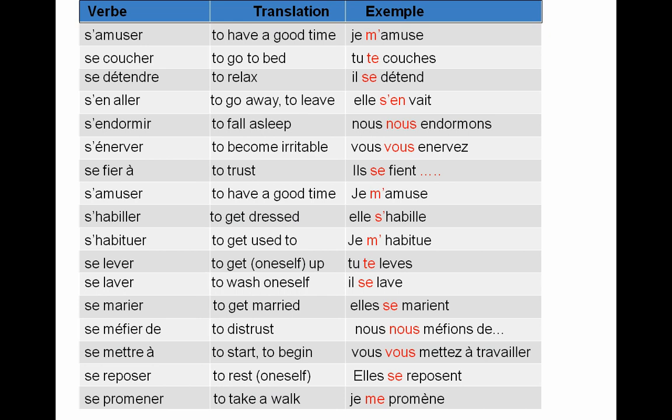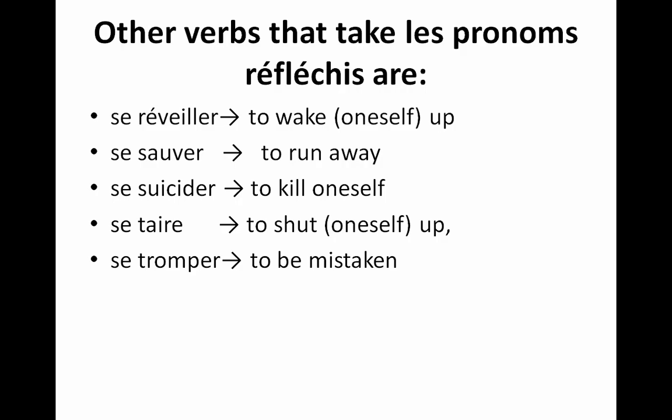So like I said, je as me, tu as te, il as se, and so on and so forth. So you have to learn that. Okay, there are other verbs here that take the réfléchi, and I didn't put them on the table, I just added them over here because that table was already full.